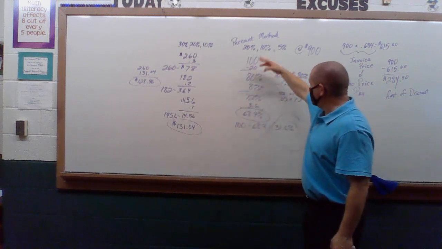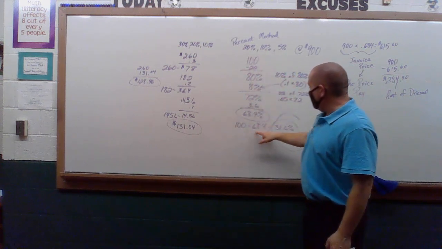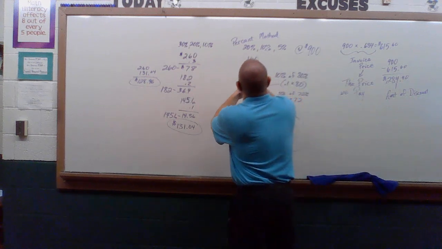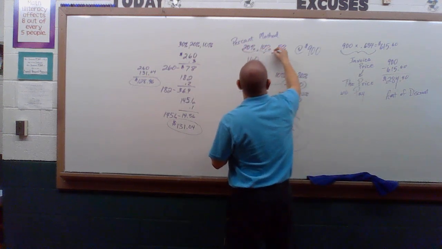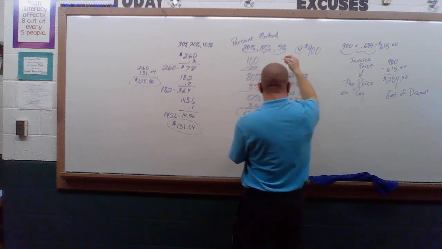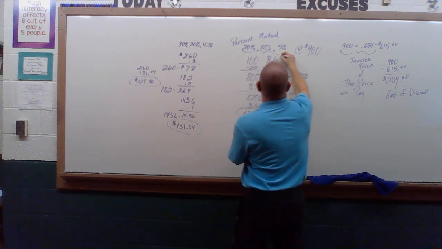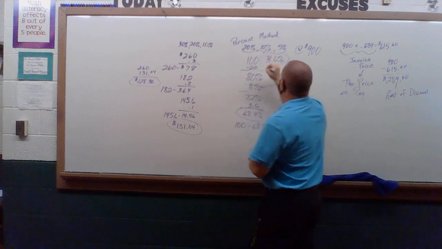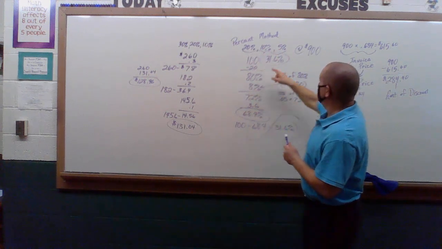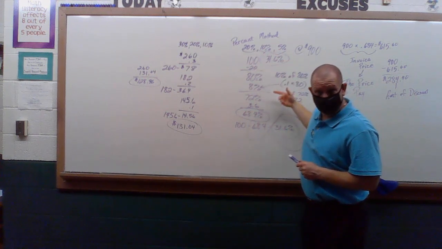So if I did this once, I would know that if I had this combination of three percentages, the single percentage I'm going to get off is 31.6% as a discount. And so then I could use that over and over and over again.